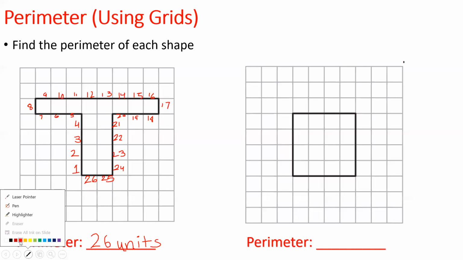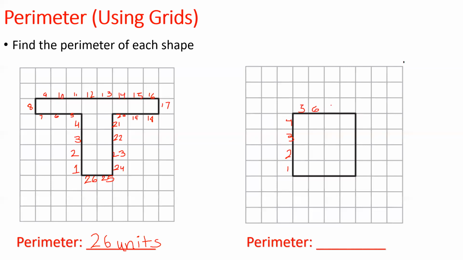It's going to be 1, 2, 3, 4, 5, 6, 7, 8, 9, 10, 11, 12, 13, 14, 15, and 16.